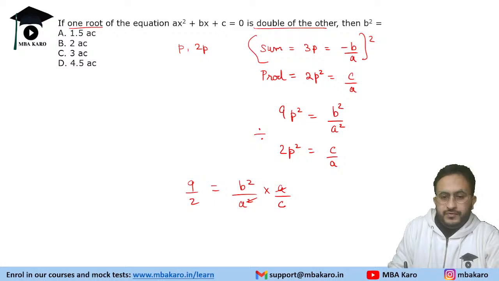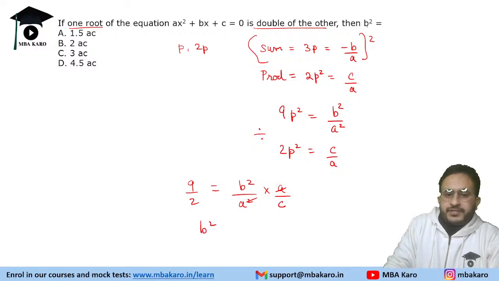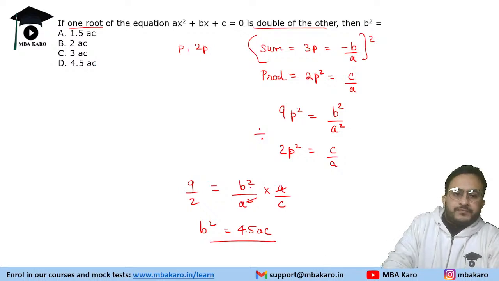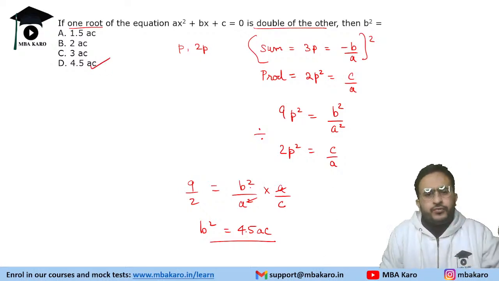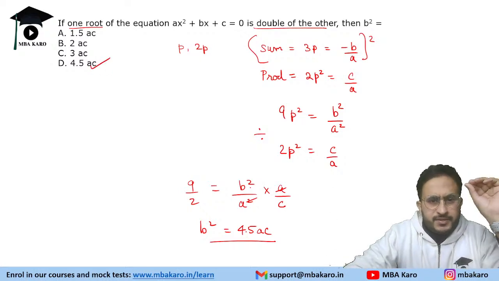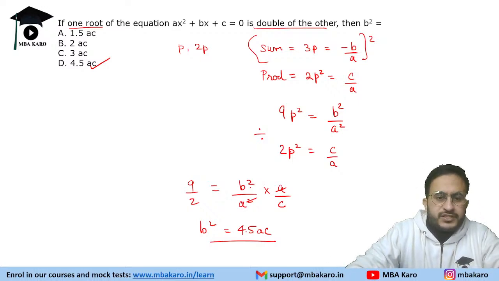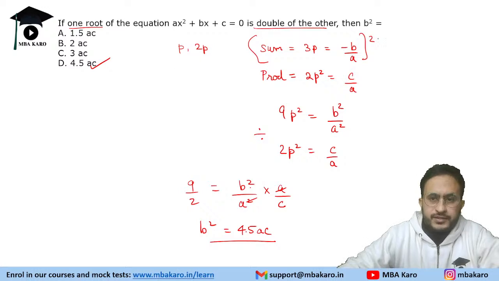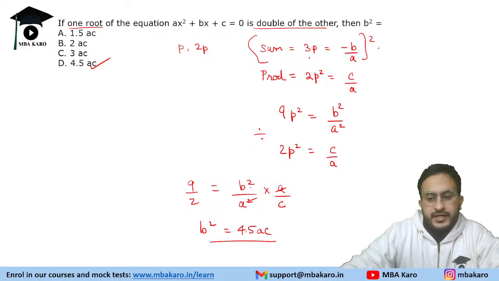We need to find b square. So b square is equal to 9/2 or 4.5 ac. So any question on quadratic equation, just remember it is related to sum and product of roots. Sum of roots is given to us, and product of roots. Just square this expression to get the desired relation.